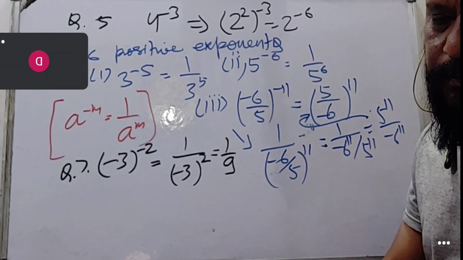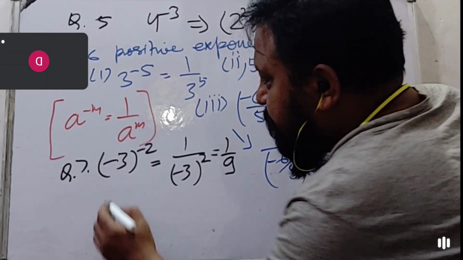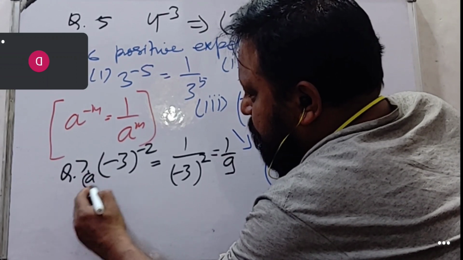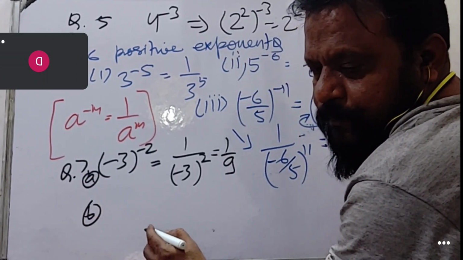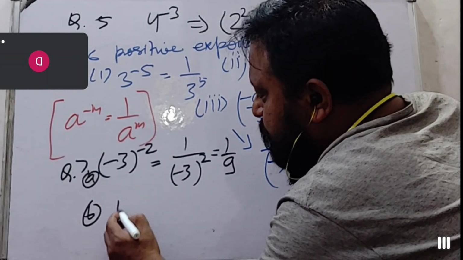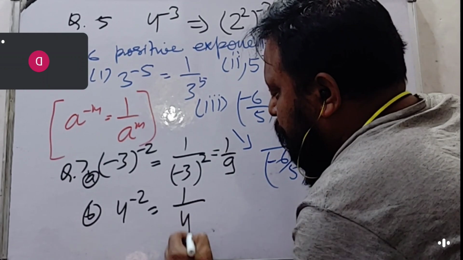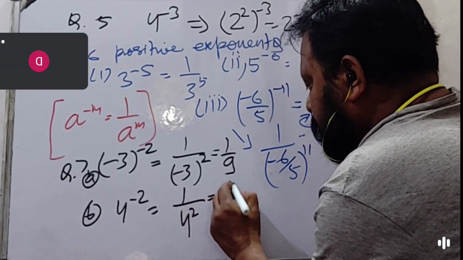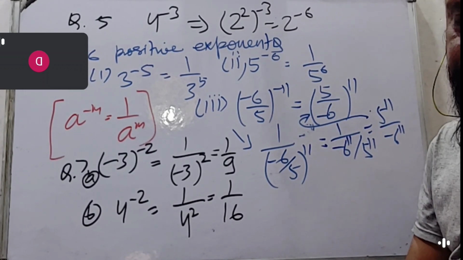Fine. Now next we have, this was A. Now we have B, which is 4 raised to the power minus 2 is equal to 1 upon 4 raised to the power 2. It becomes minus 16. Right?